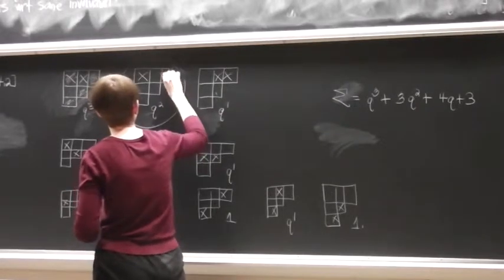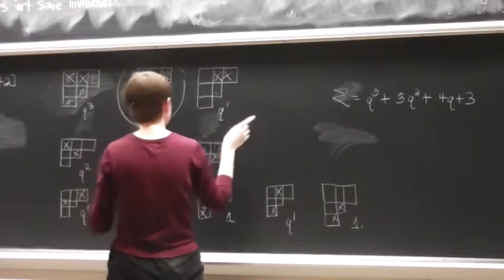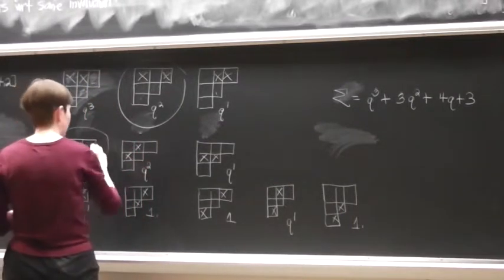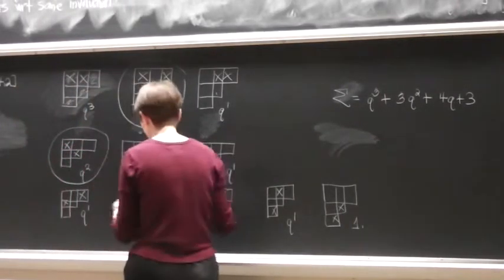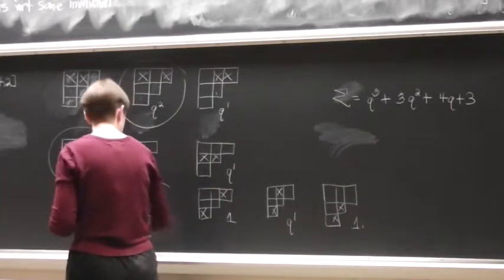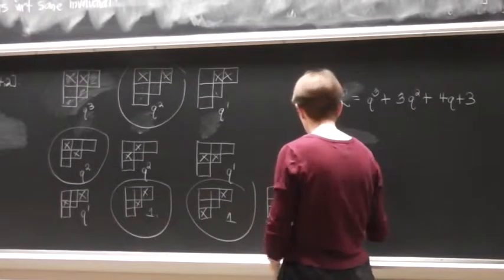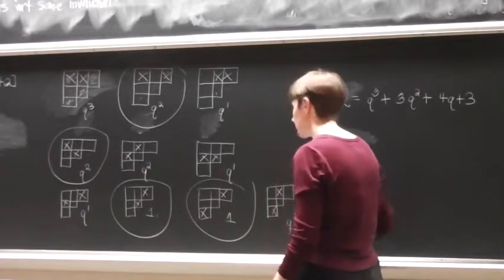So this is an example. If you were to shade this, perhaps this one works. Not that one. I think there's 2 more. This one. Maybe this one too. Oh, yeah. I think that's it.